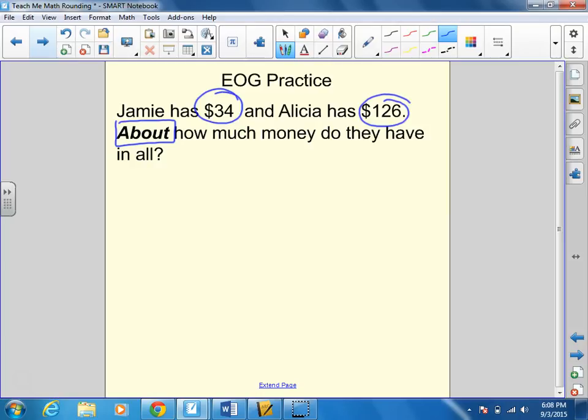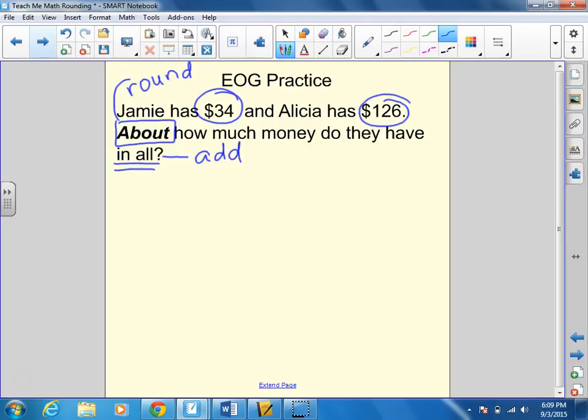They're asking you to round. I normally tell my students to write a thinking note to themselves and say round or estimate. They're not looking for an exact answer. How much money do they have in all? Whenever you are looking for something in all, it typically means that they want you to add.